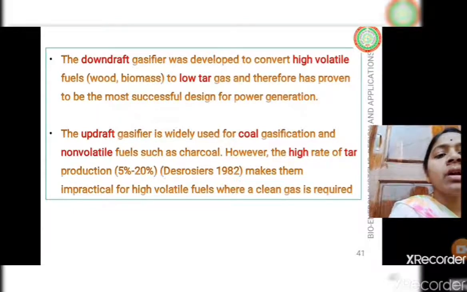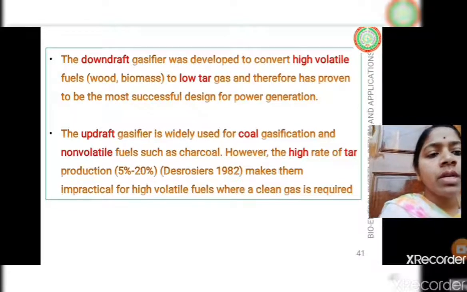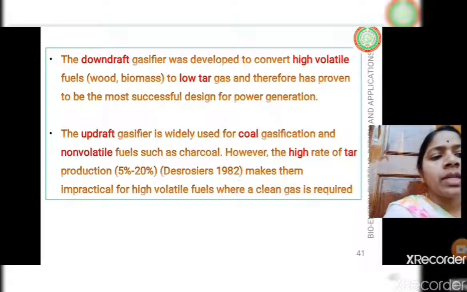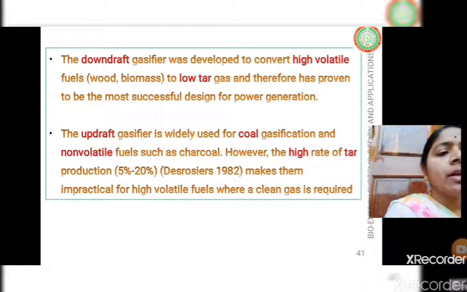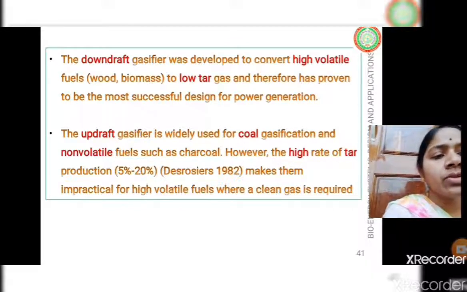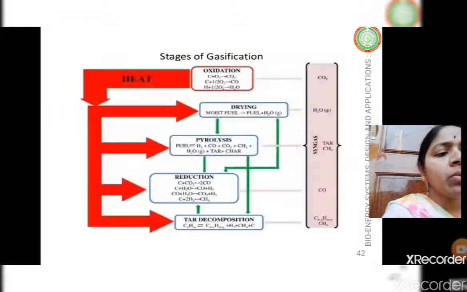Low volatile or non-volatile fuels can be used to crack and produce the biomass based producer gas, which definitely has tar, because in the updraft the counter current gas passes through the gasification, oxidation and pyrolysis zone. When it passes through the pyrolysis zone, it carries the high volatile compounds, so the tar will be more.